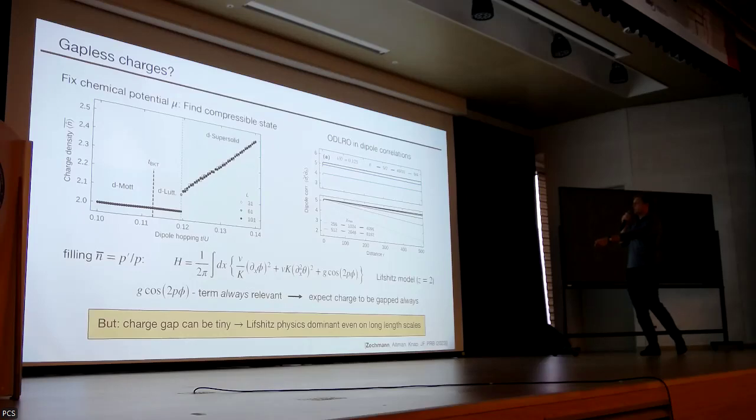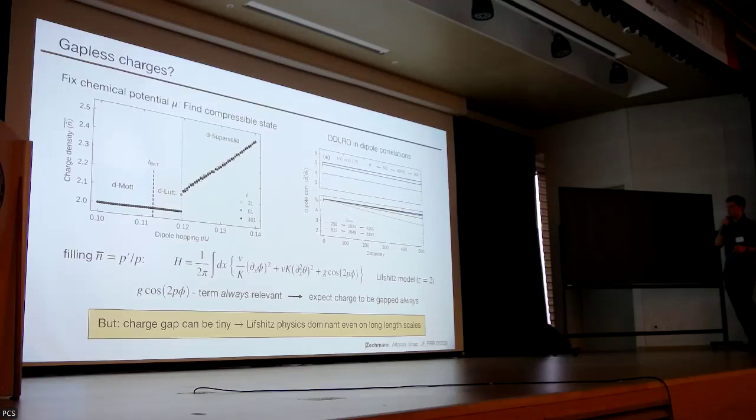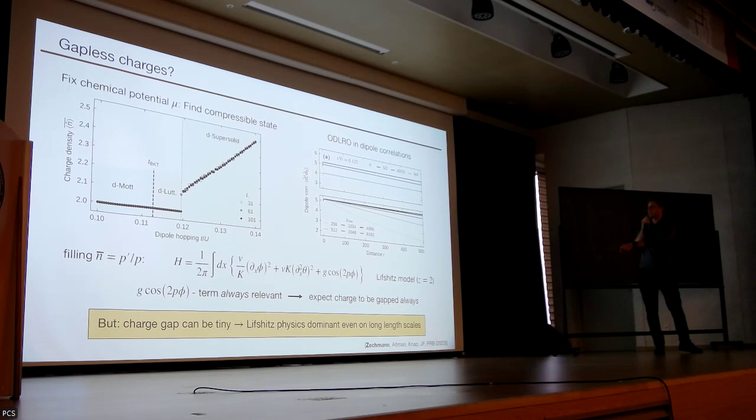So you can show that if you took this clean Lifshitz model, you would indeed get a compressible state, which is what we see here because the density varies smoothly. But you mentioned that you always expect the charge gap, while in the dipole superfluid phase, if I understand correctly, there should be no charge gap. Right, exactly. That is a numerical finding here. In principle we always expect the charge to be gapped out.